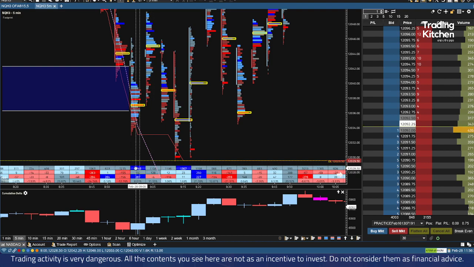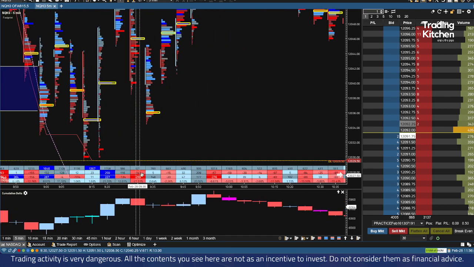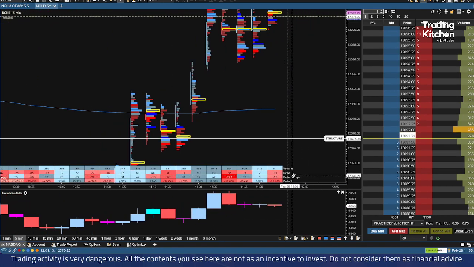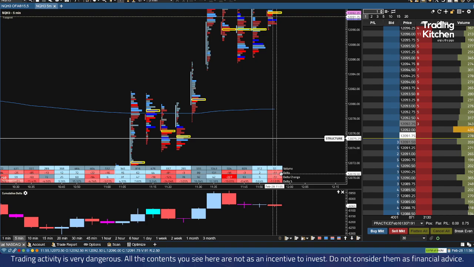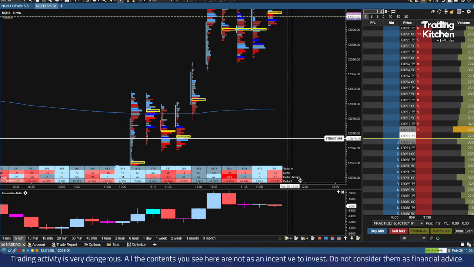The first value is volume, the amount of contracts that we have in a candle. The second is delta, just the delta, so the difference between blue and red, the difference between bid and ask. In the third we have the delta change.